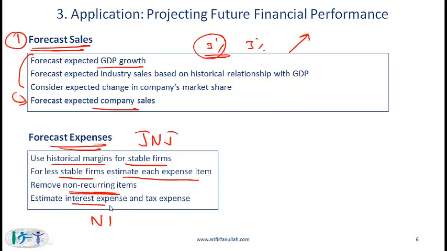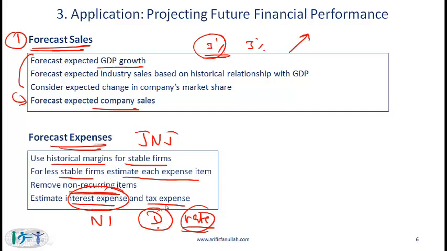Generally, we estimate interest expense and tax expense separately. The reason is with interest expense, the amount depends on the level of debt and the rate. So we have to estimate the debt that we expect in the future, and we need to estimate the interest rate, and it is the combination of these two which will define interest expense.